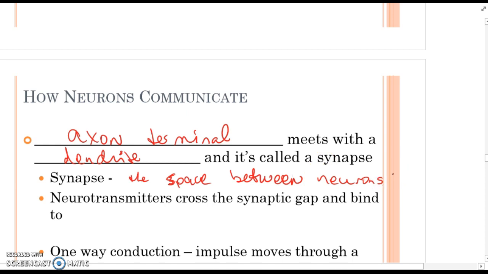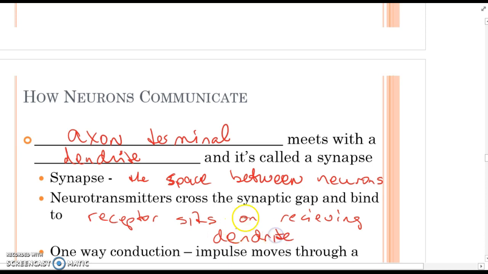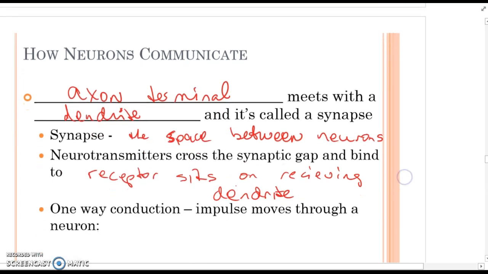The neurotransmitters cross that gap and bind to receptor sites, so where they're going to get the information on the receiving dendrite. Okay, so impulses are only going to go in one direction.